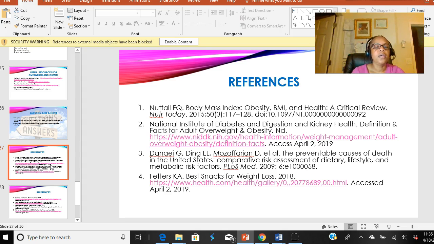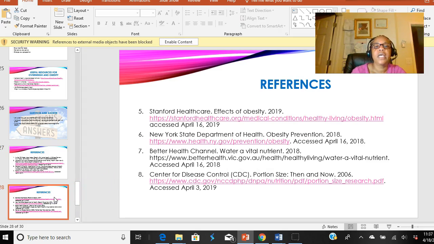References. Not All Body Mass Index, National Institute of Diabetes and Digestive and Kidney Diseases. Danaei, Ding, and Mozaffarian, Preventable Causes of Death in the United States. Fetters, Best Snacks for Weight Loss. Stanford Healthcare, Effects of Obesity. New York Department of Health, Obesity Prevention.